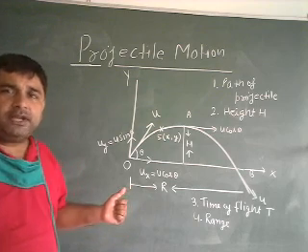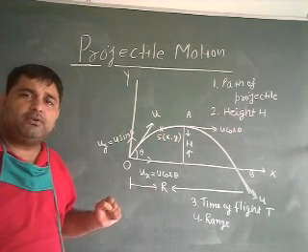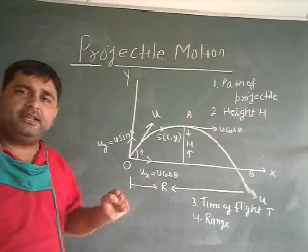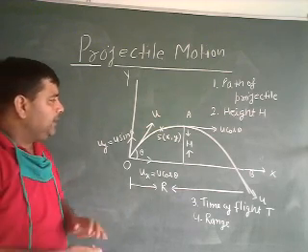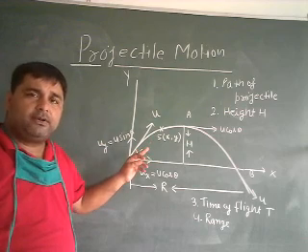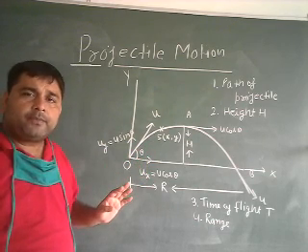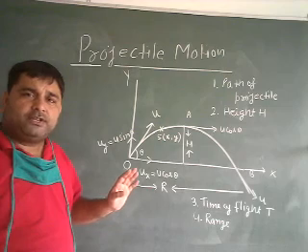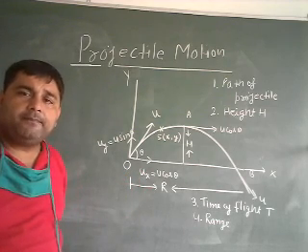So I will use the second equation of motion, which is s is equal to ut plus half a t square. This gives me the value of x, which is u cos theta into t. This is your equation first: x is equal to u cos theta into t.